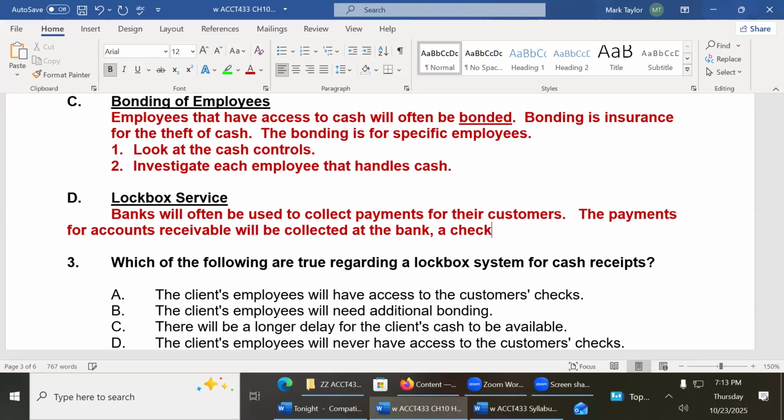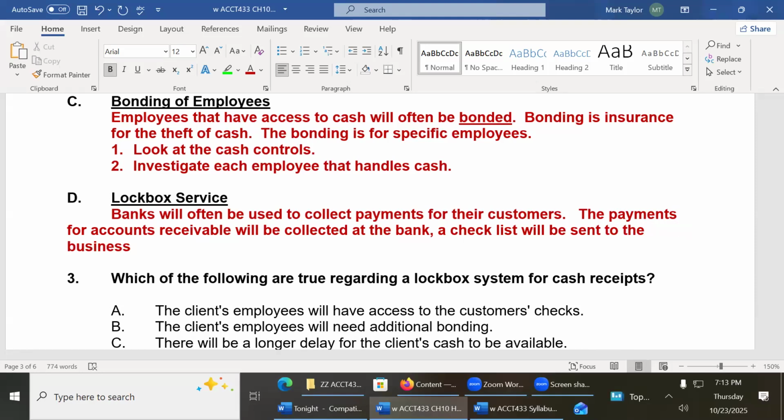A checklist will be sent to the business, and collections will be automatically deposited.